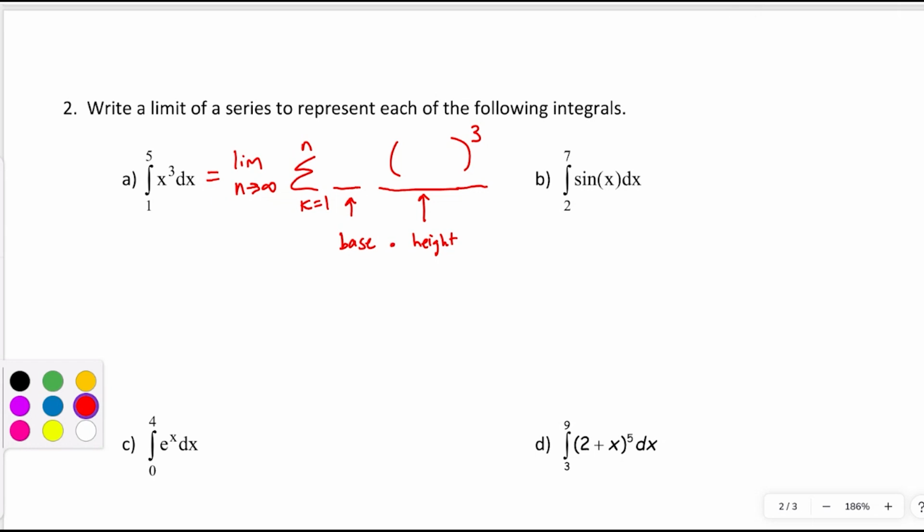The base is the distance, which in this case is 4, divided by how many subintervals you want. So it'd be 4 divided by infinity, but we can't really do that. So we're saying 4 divided by n as n approaches infinity.